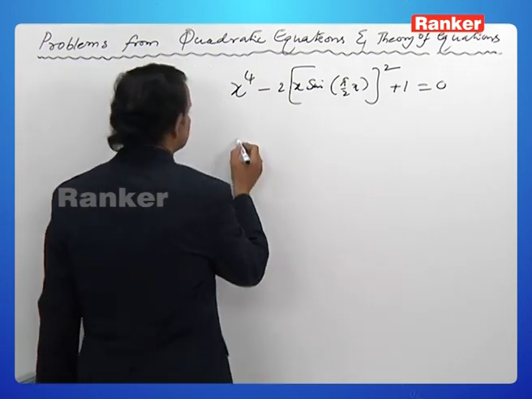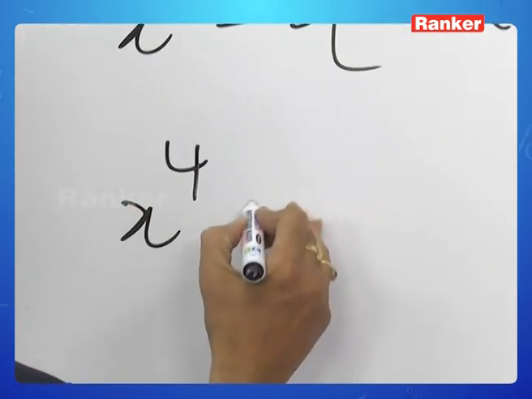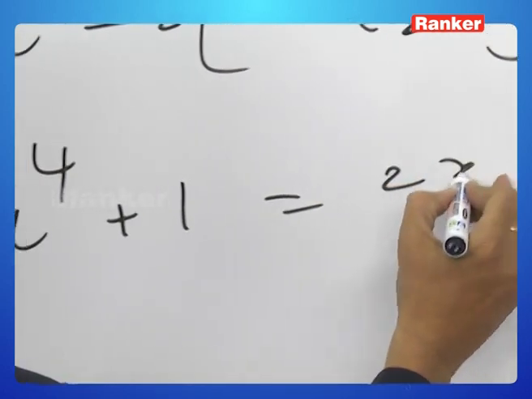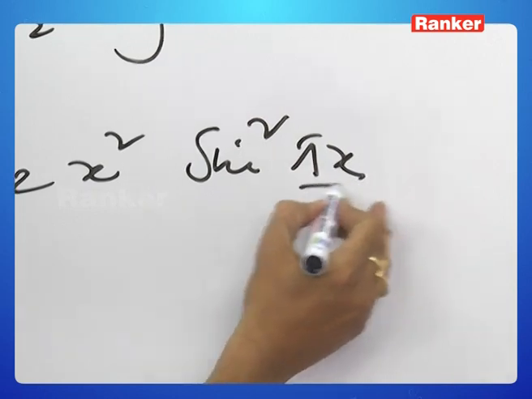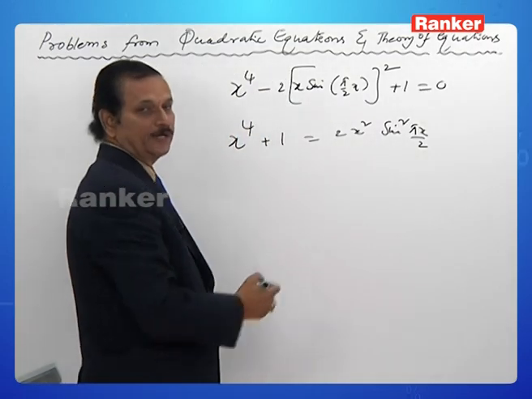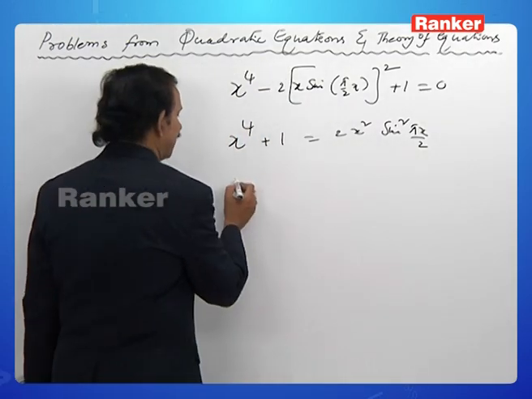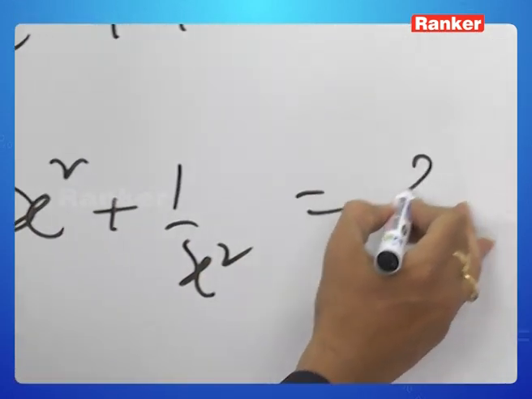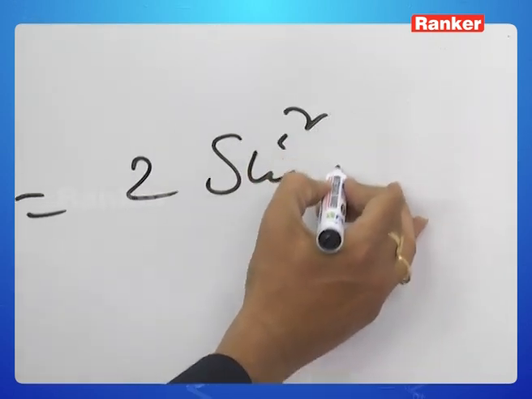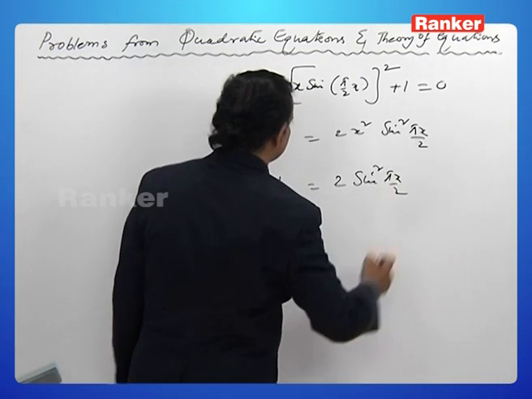Let us observe this. x to the power of 4 plus 1 is equal to 2x square into sine square pi x by 2. Divide it with x square. What is going to happen? x square plus 1 by x square is equal to 2 into sine square pi x by 2.